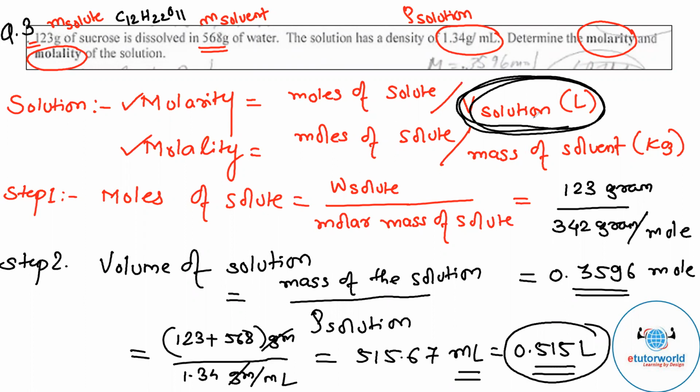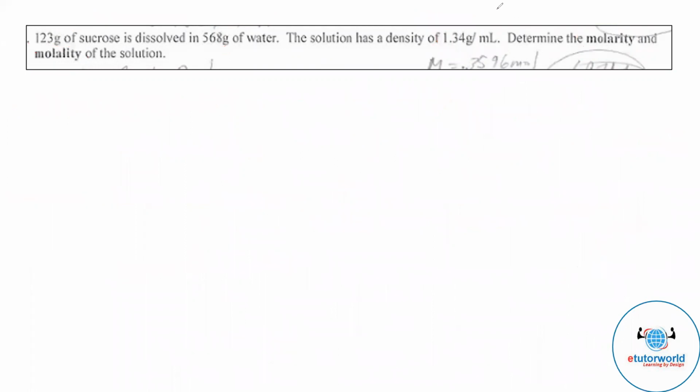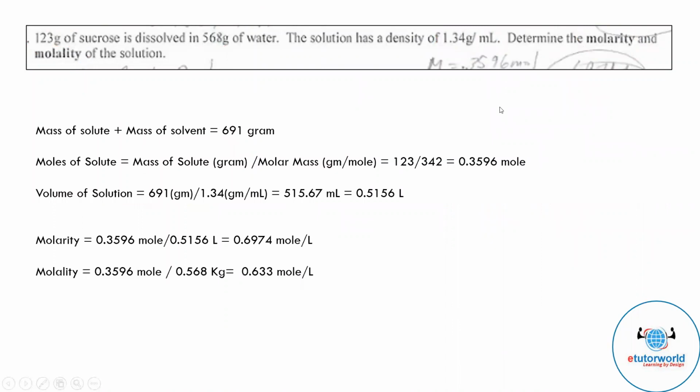Now the next step is very easy. So you are going to use these values. So let's check this. As I mentioned, molarity. So put the values. Solute moles divided by the volume of the solution.